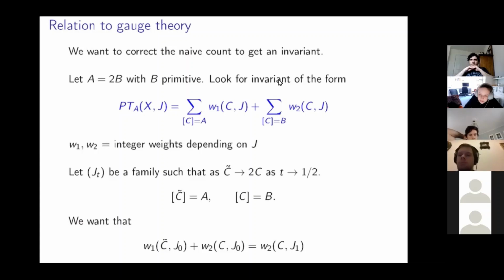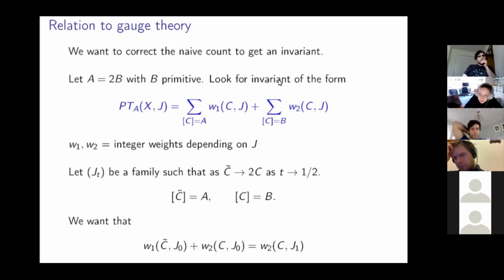So in the simplest case, we have A equals 2B, where B is a primitive class. And we might look for an invariant of the following form. First, you take the sum over all embedded curves representing homology class A with some weights. If you put plus or minus 1 here, that will be the naive count. But maybe you can come up with some other weights.